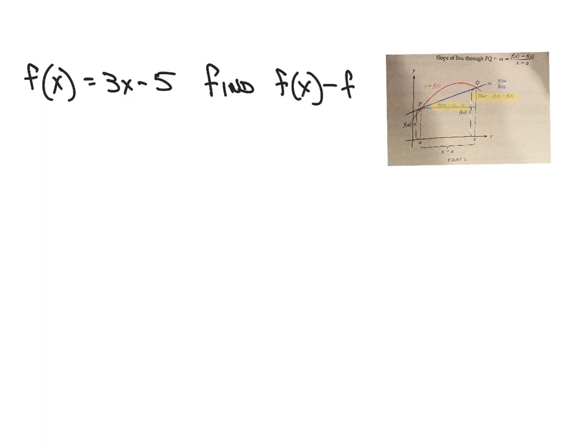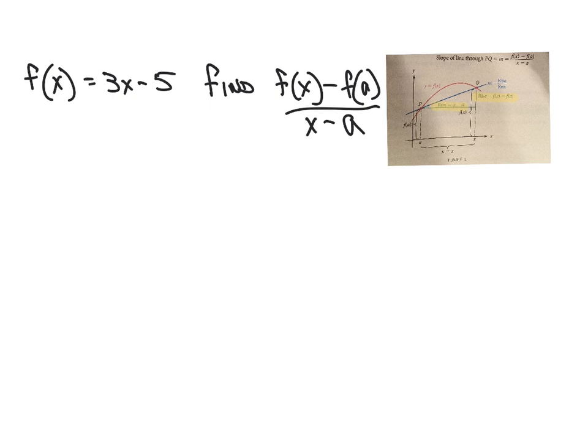But let's look at example 9. They give us f of x equals 3x minus 5. And they want us to find f of x minus f of a all over x minus a.